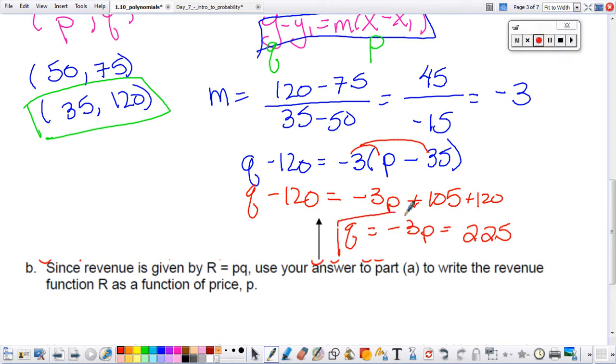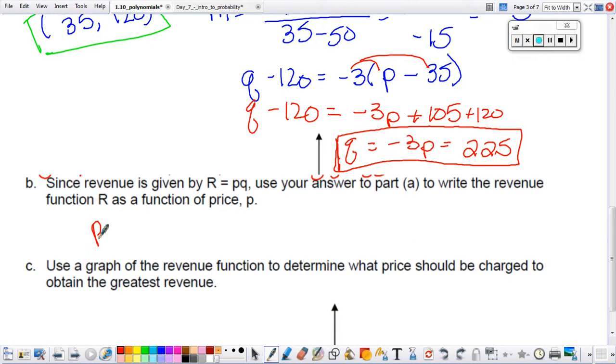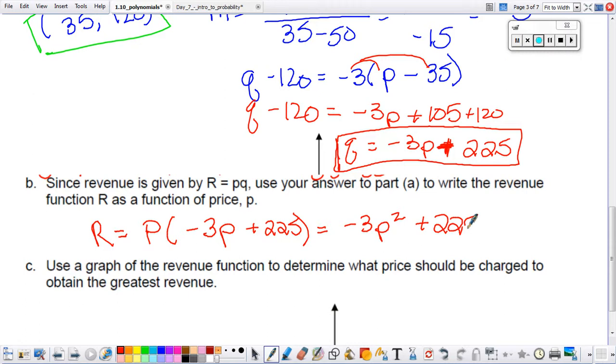So now here's our quantity, or our demand, isolated. So for revenue, it's going to be P, the price, times, oops, this should be a plus, I'm sorry. So we'll do one more step. Let's distribute the P. That's negative 3P squared plus 225P. So the revenue function is quadratic.